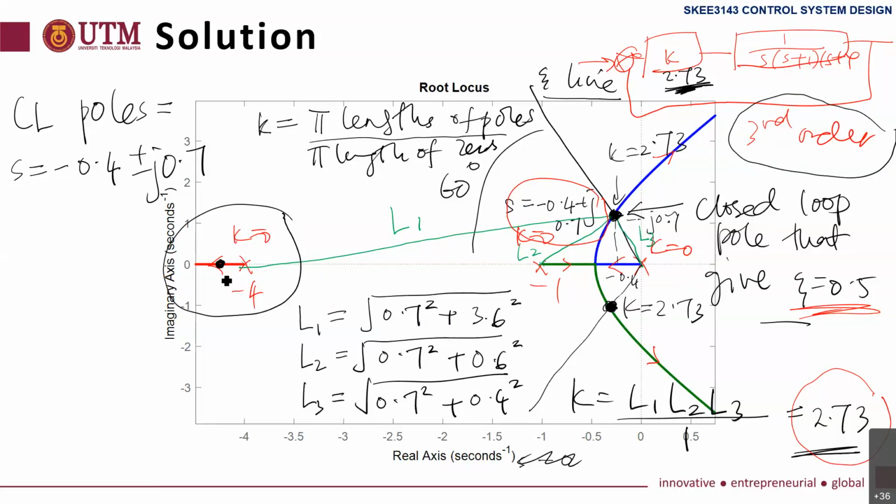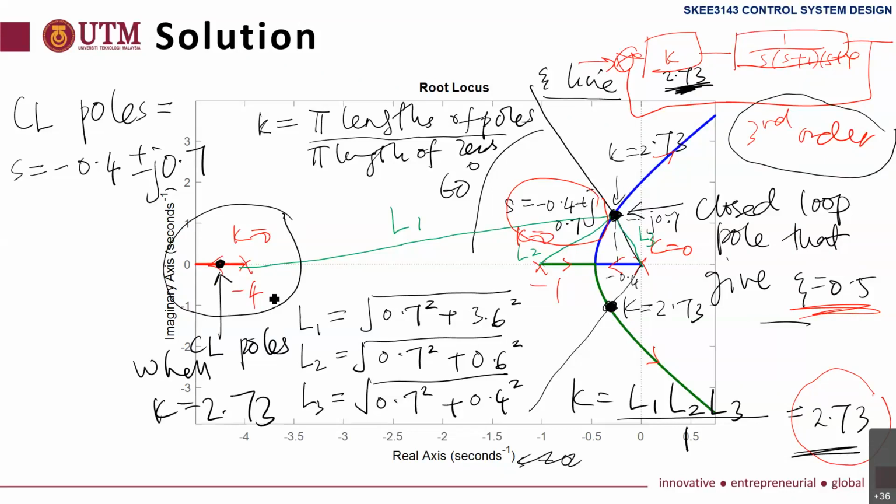This is another closed loop pole when K is 2.73. So at one K, there will be 3 closed loop poles. Two are obtained by using the zeta line. The other one is obtained here.